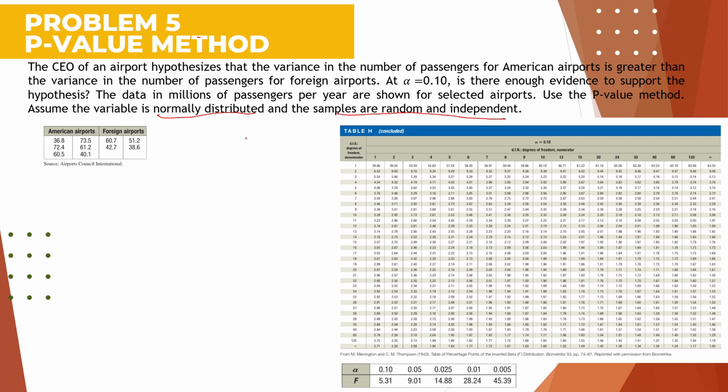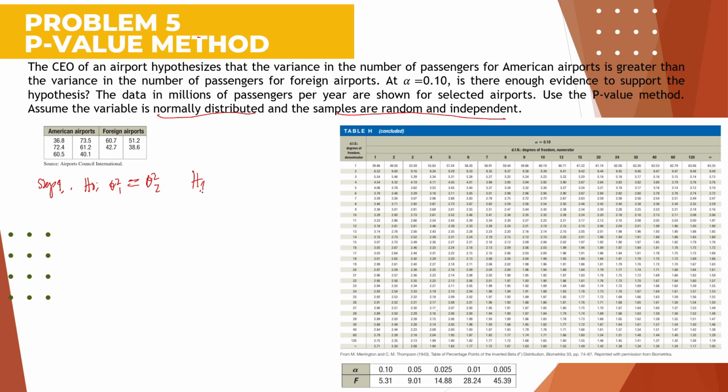The first step is to state the hypotheses. Our null hypothesis, when you're comparing variances, is that the variance 1 and the variance 2 are equal.